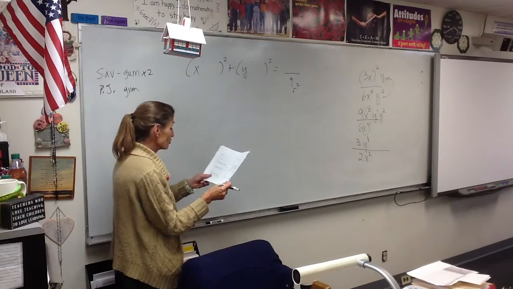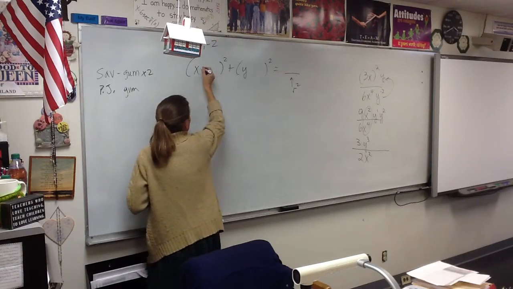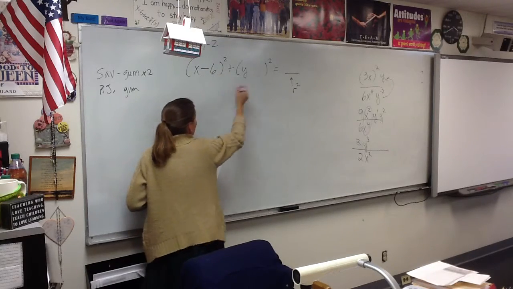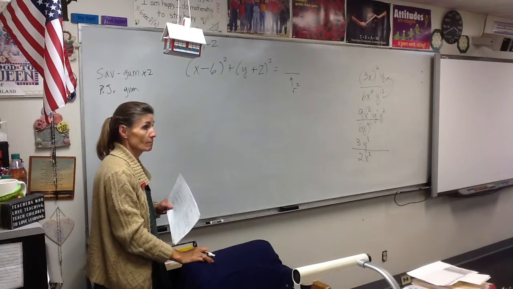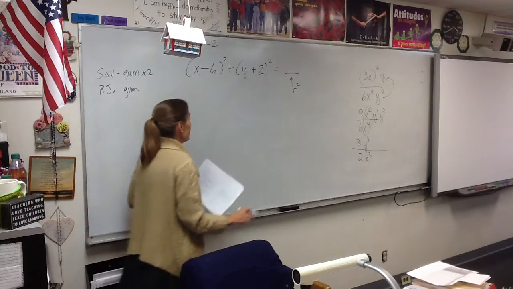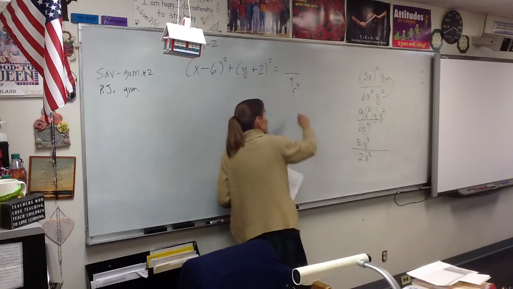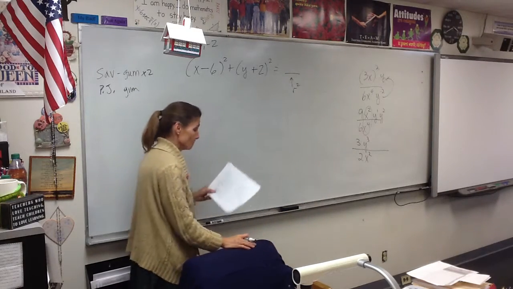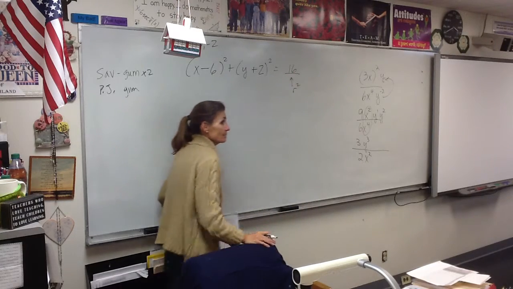So my center is 6, -2. So this will be x minus 6, y plus 2. This blank is always a plain number, and it always represents the radius squared. So for us, that number would be 16.